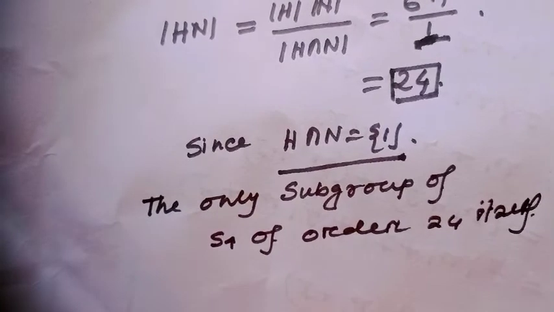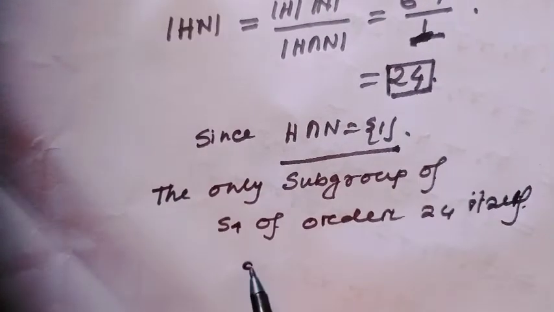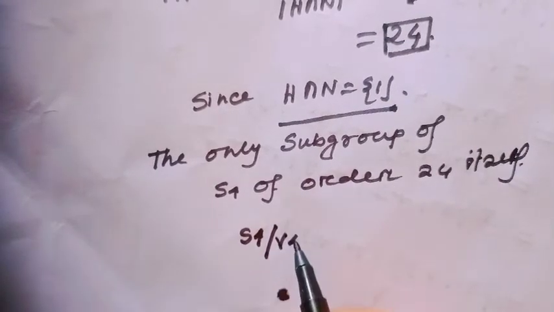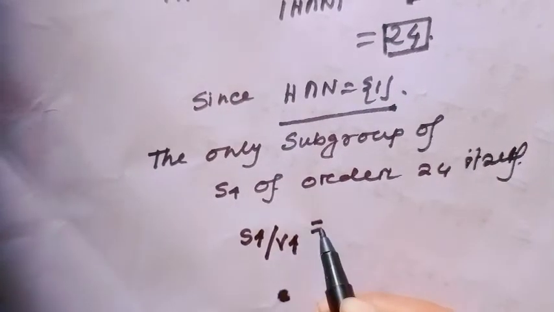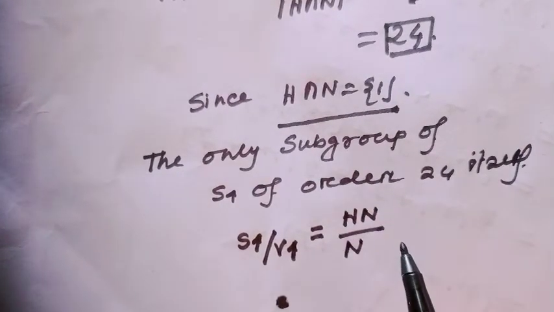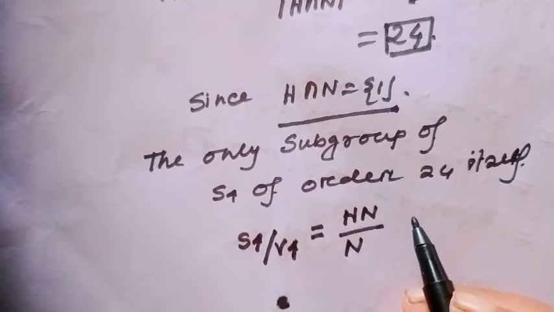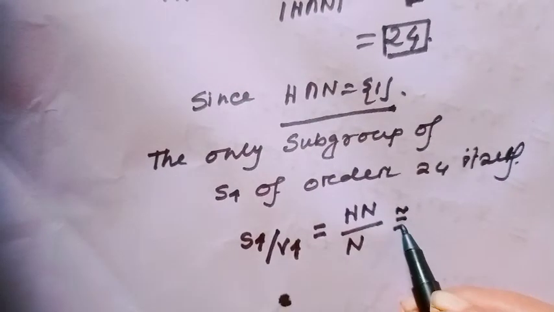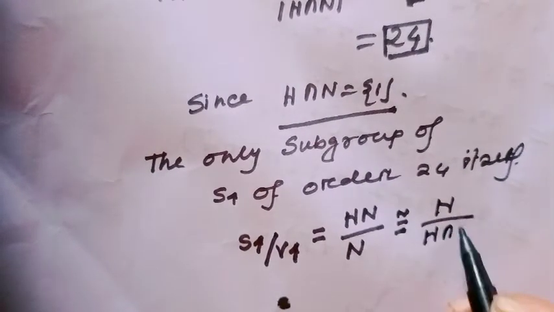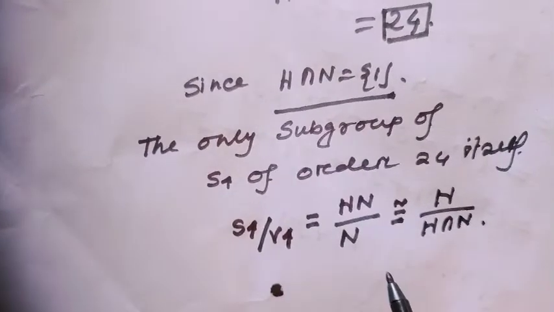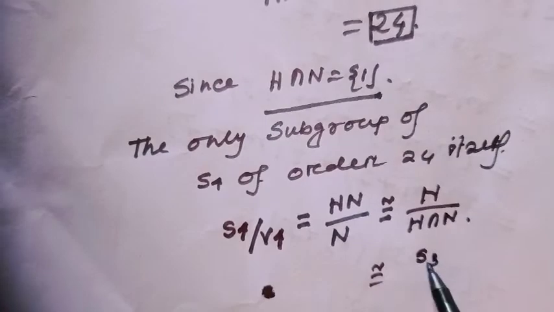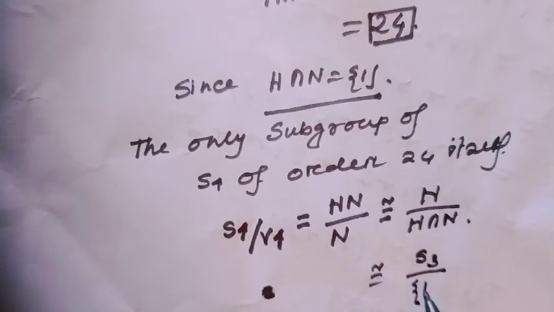Then by the second isomorphism theorem, S4 modulo V4, which is equal to SN modulo N, is isomorphic to S modulo S intersection N. Just put in the values: this is S3 modulo the singleton set {1}.